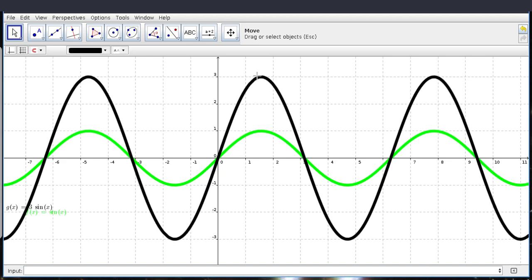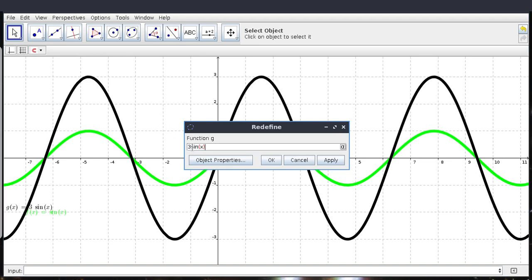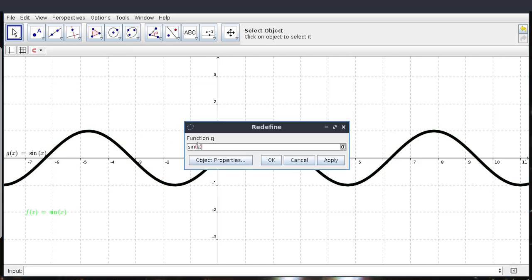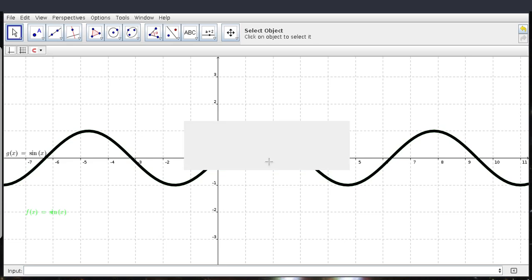So let's go back to this. If we say this is sine x, we see we have it lying on the original graph. It's the same graph. Well, let's make a little adjustment here. Let's say we have 2x. What would happen if we have sine, open bracket, 2x, close bracket?